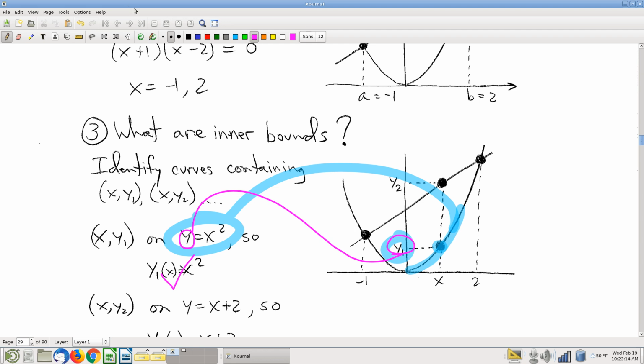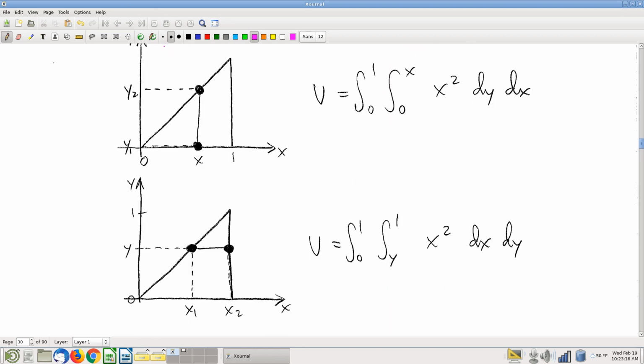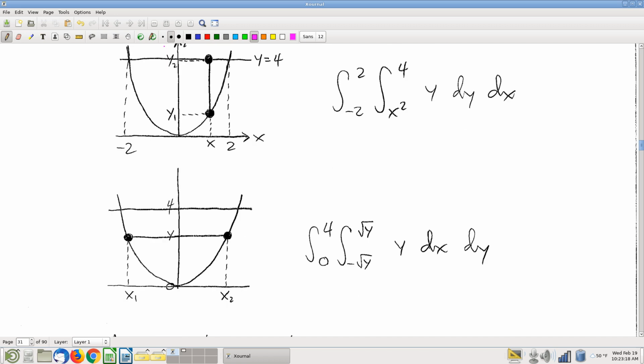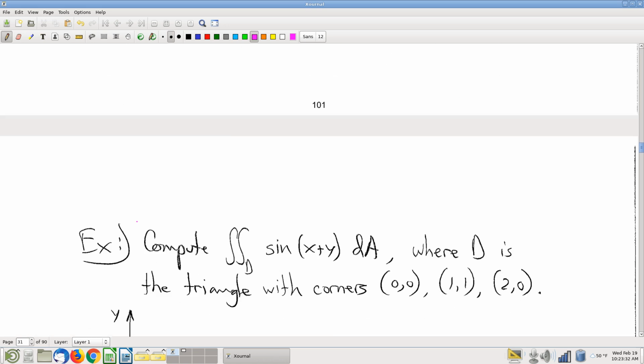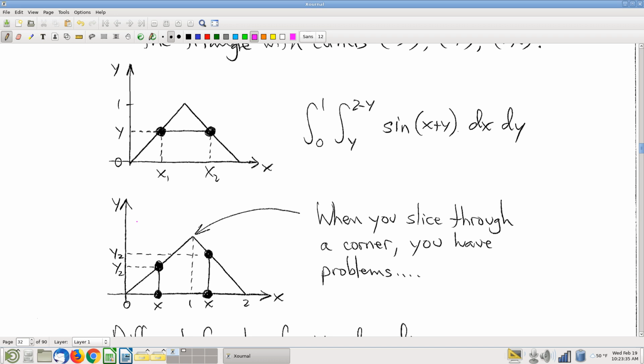You've got to watch out for things like, depending on which way your differentials go, which variable are you solving for? Which bound is which of those 2 points on that same curve? These are non-trivial questions. Which order should I slice in? And there's several different considerations to go through.